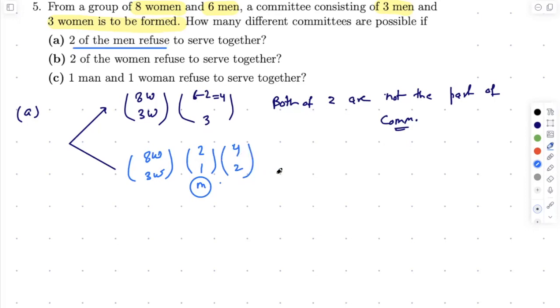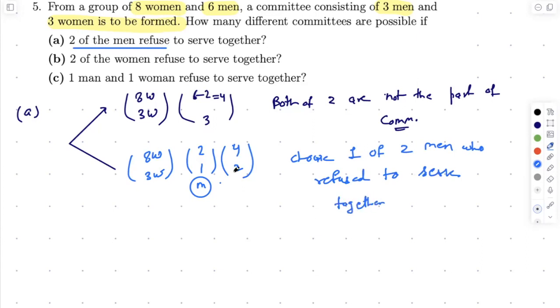So in this case, I choose one of the 2 men who refused to serve together. These are the only cases we can have.